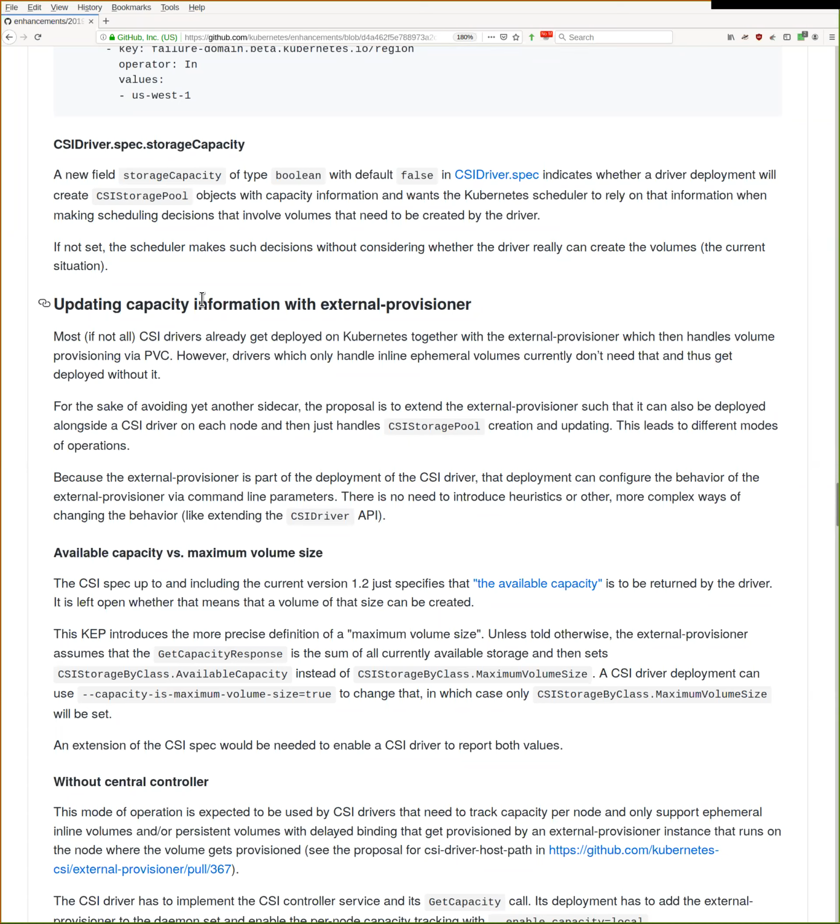Because it's unknown what kind of topology the storage system really has. So someone outside of that storage system, like external provisioner, really can't make up the necessary or the correct get capacity parameters to get a useful response from the CSI driver.